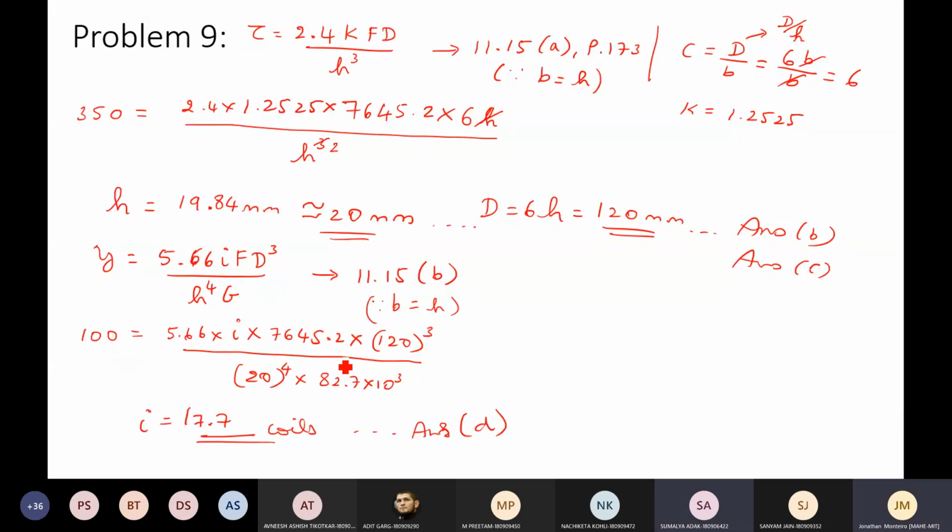So 17.7 coils around. This is the number of active coils.